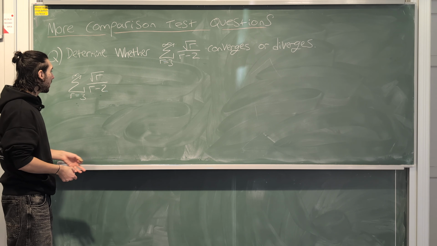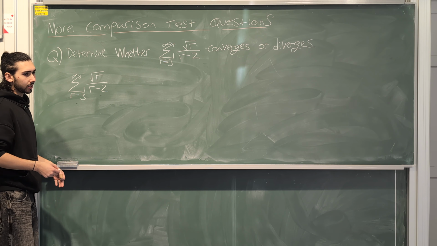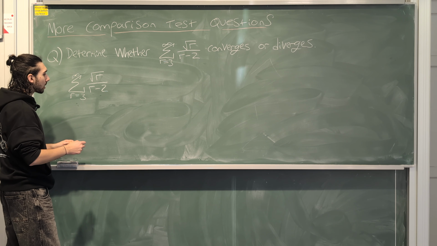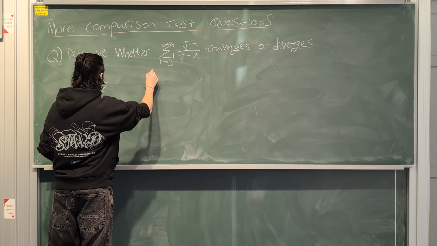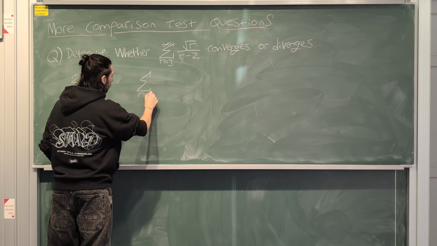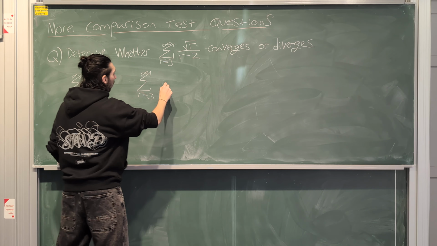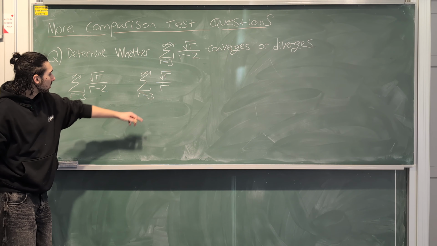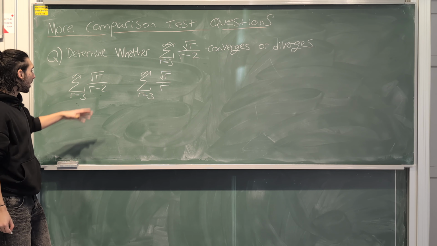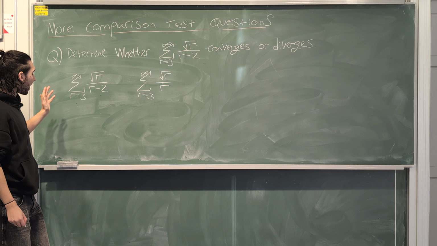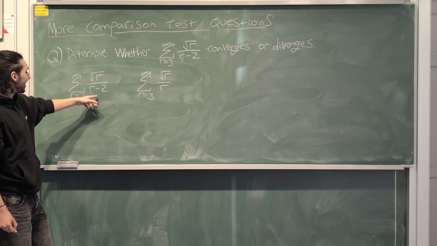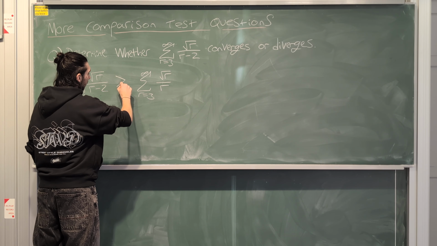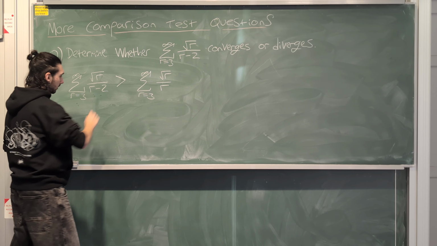When you divide by something smaller, it's bigger. So we want to replace it with the sum from r equals 3 to infinity of just the square root of r over r. Will this be bigger or smaller than the original thing? Well, the denominator here is smaller, so the original will be bigger. So this is bigger than this.